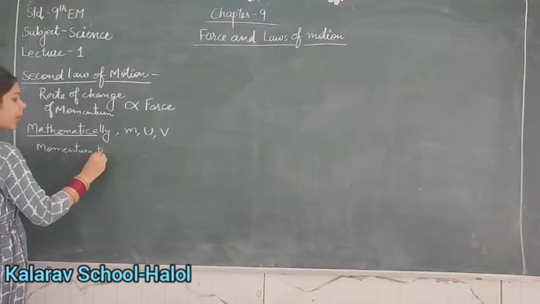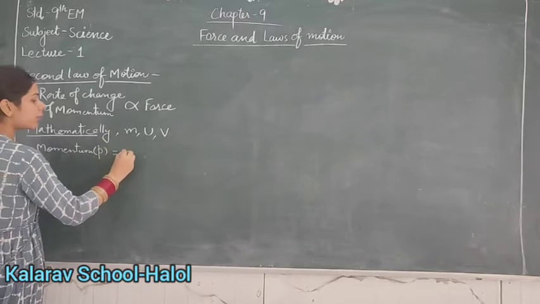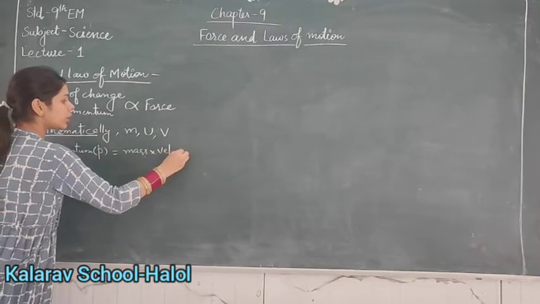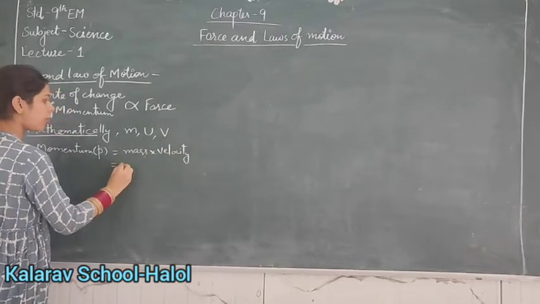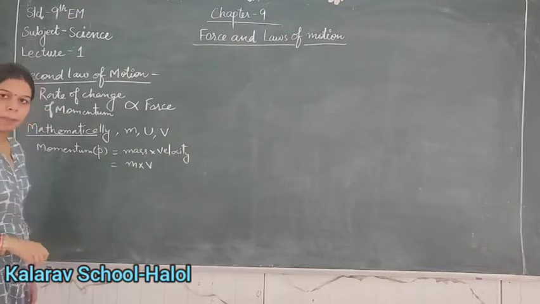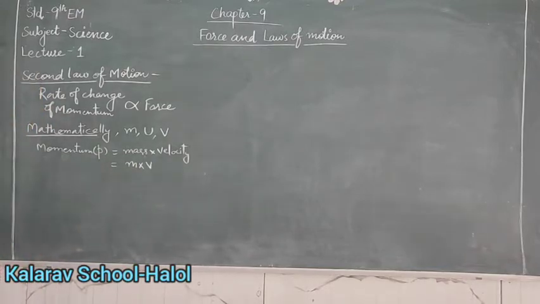Momentum is given by p. Momentum is mass multiplied by velocity, so with mass m and velocity v, p = mv. Clear?